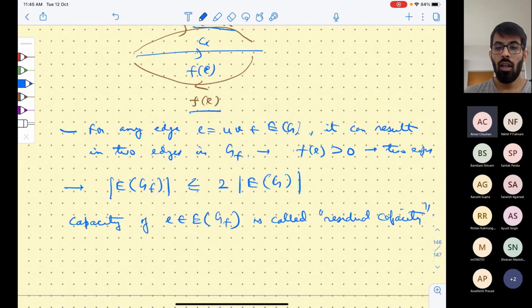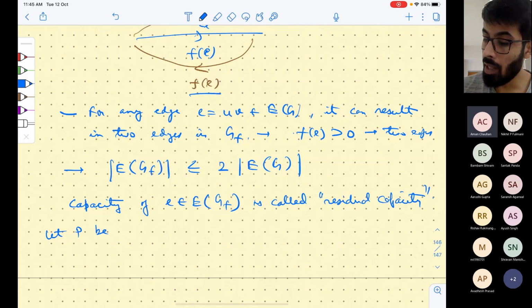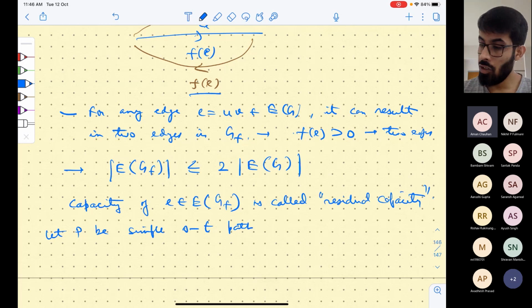Now in this GF graph, if there is a path from S to T, then we want to push some flow on that. So let P be a simple ST path in GF.